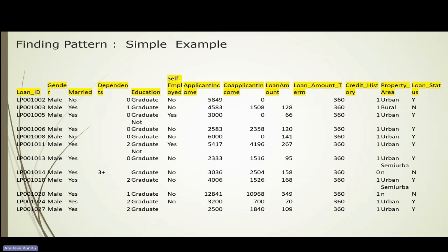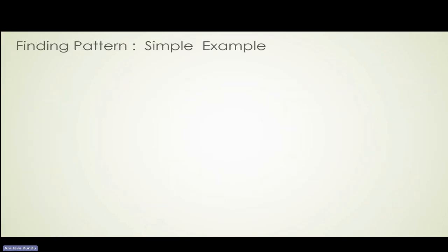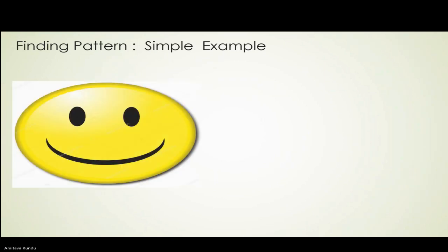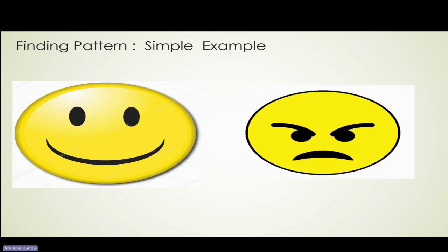Now you can see another category of data here. This is an image. From the human mind's point of view, you can very easily say that this is a smiling face, this is an angry face.